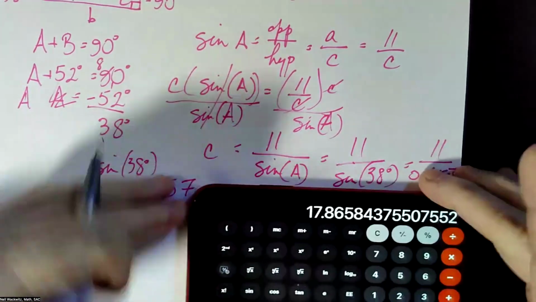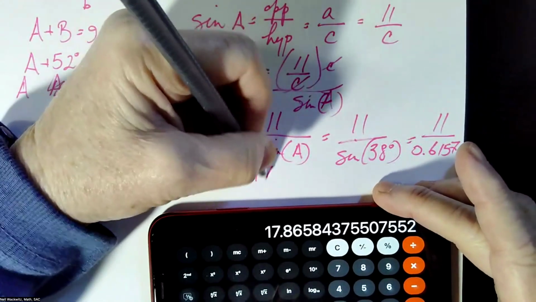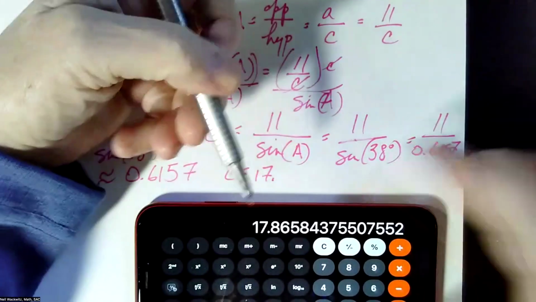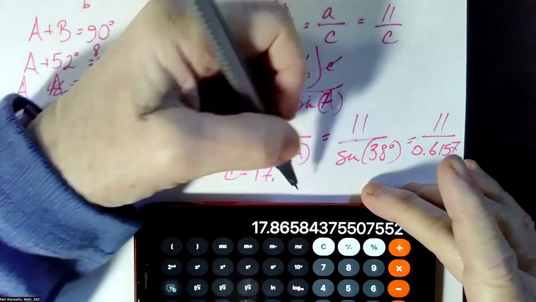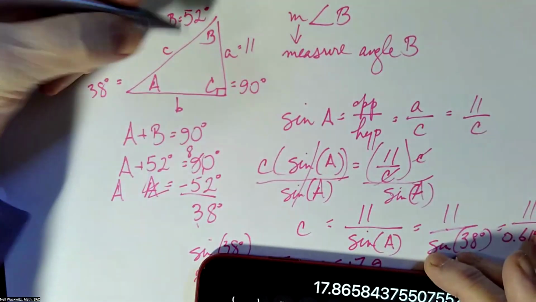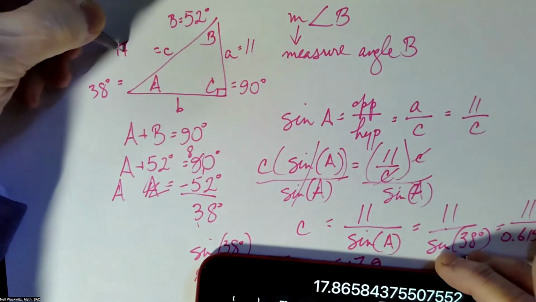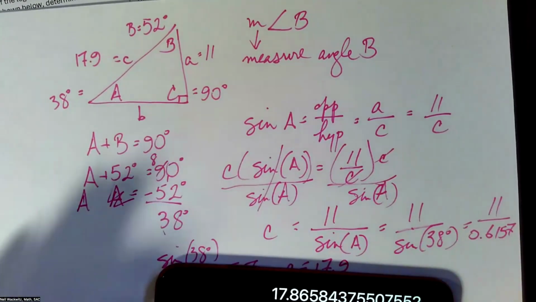So A, oh no, this is C. C is equal to 17 point, and I'm going to round to 1 decimal place because this is a side. So 0.9. So now I know C, 17.9. And let's find B 2 different ways.